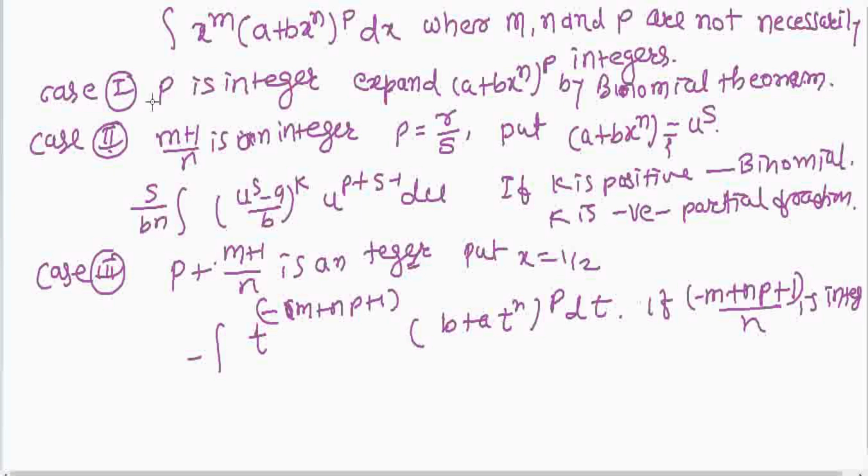To clear this, let us take an example. Suppose we want the integration of x raised to 1 divided by 2 into (1 plus x raised to 3 divided by 4) whole cube into dx.